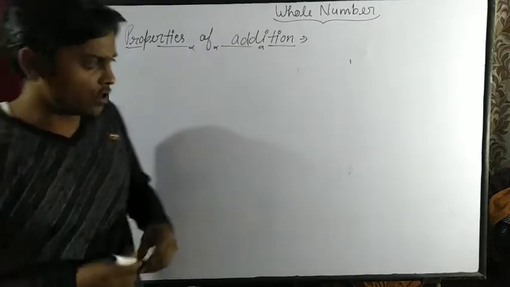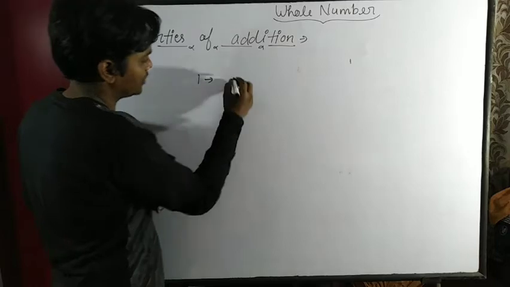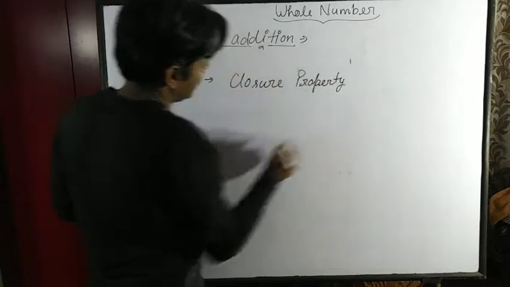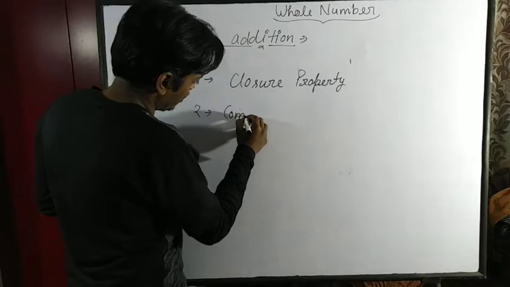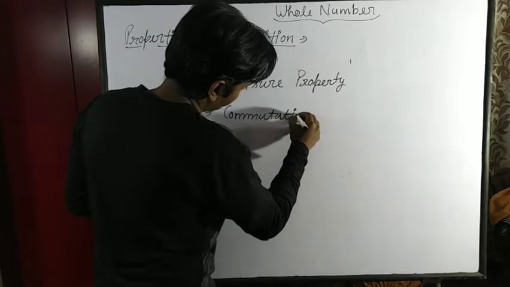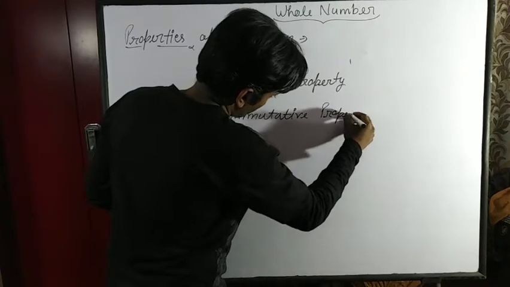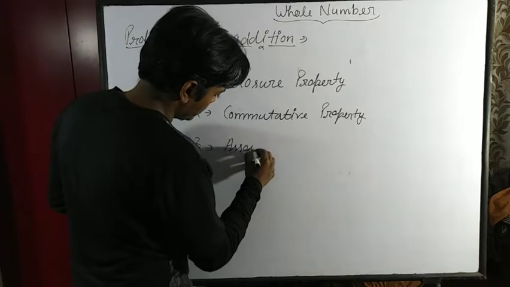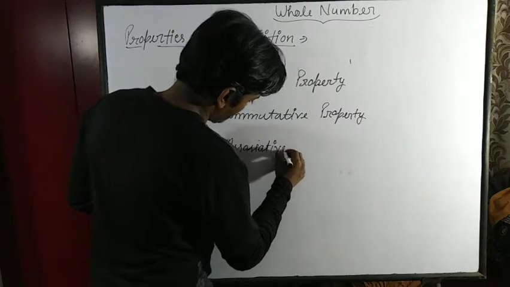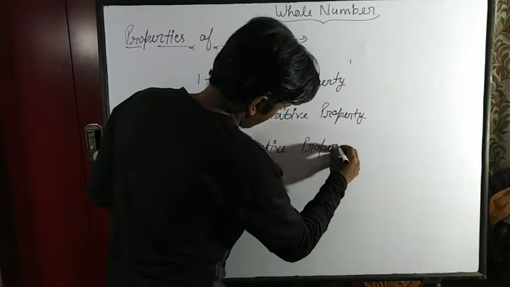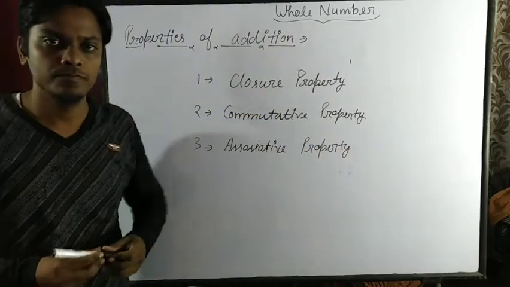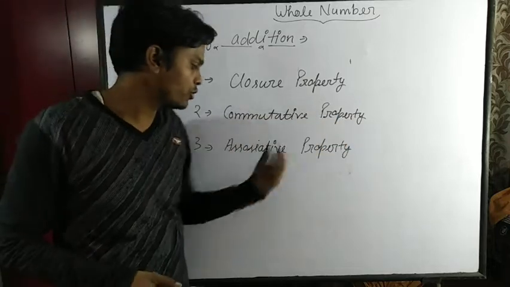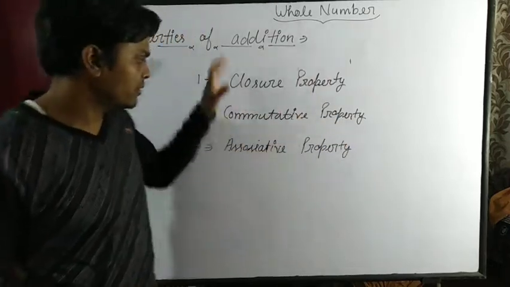First one is closure property, second one is commutative property, and the third one is associative property. We will discuss these properties one by one.